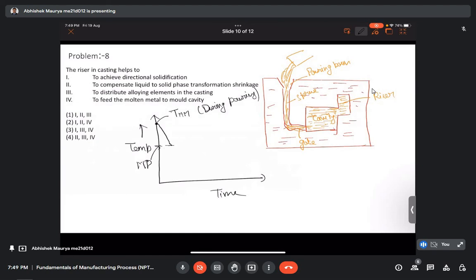This is the temperature where the metal starts solidifying, and this is the starting point of the solidification, and this is the ending point of the solidification. And after it we leave the casting to come down to the room temperature.